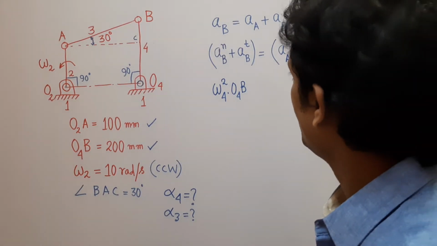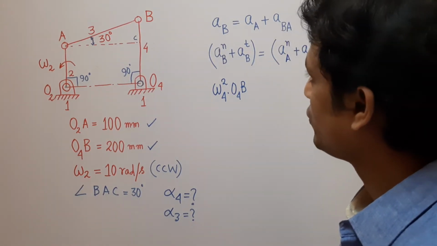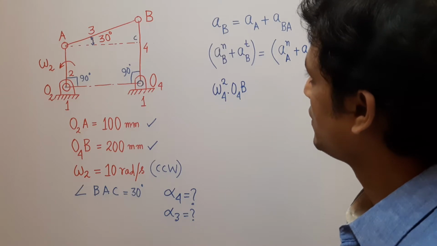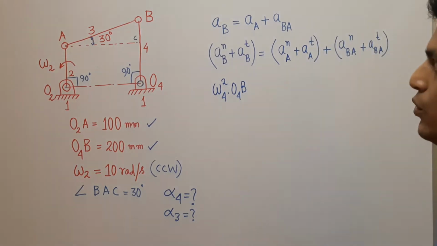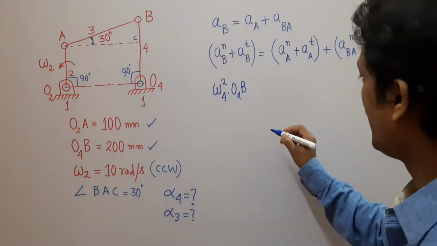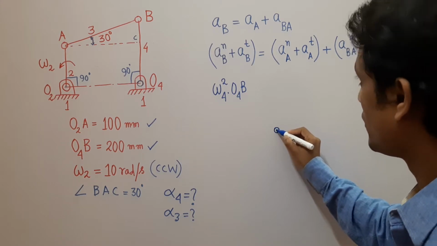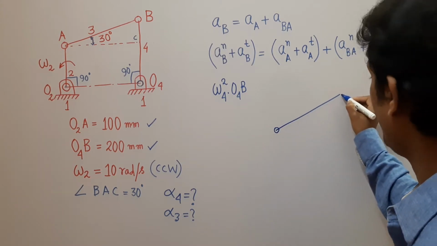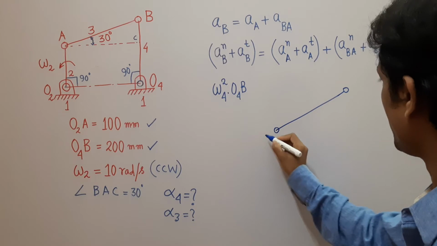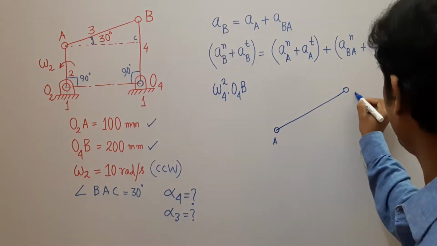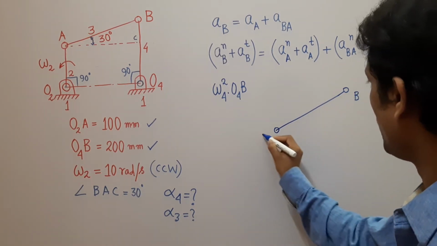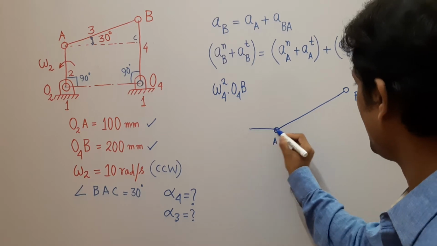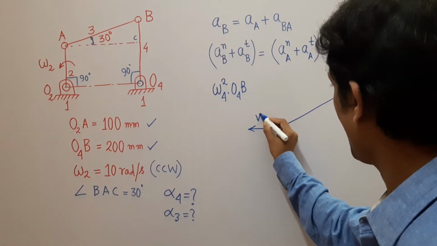Now let us recapitulate the velocity analysis. We will do it for the link AB or link 3. I am drawing the link number 3 here separately. So this is point A, this is point B. What is the direction of velocity VA?